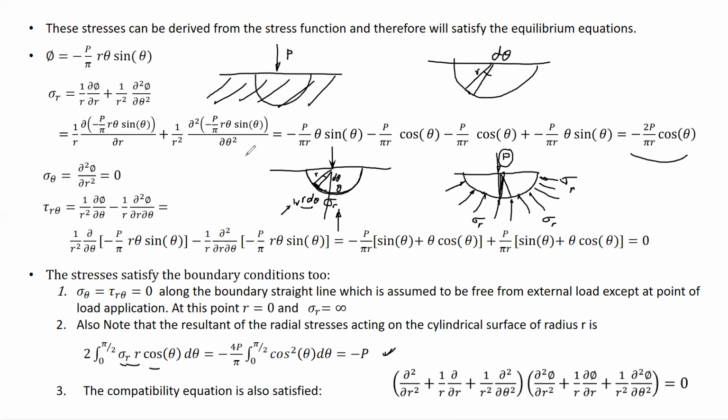Do you follow? Yeah, but isn't that 0 to pi, not 0 to pi over 2? This is where the angle is changed, right? This is theta, and it changes from pi over 2 to 0 to minus pi over 2, right?